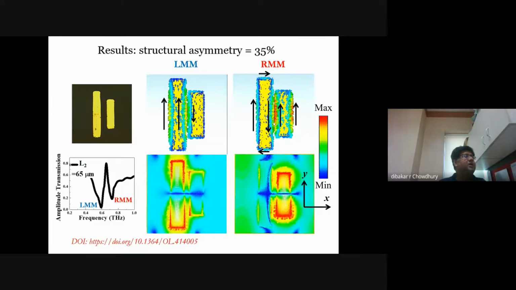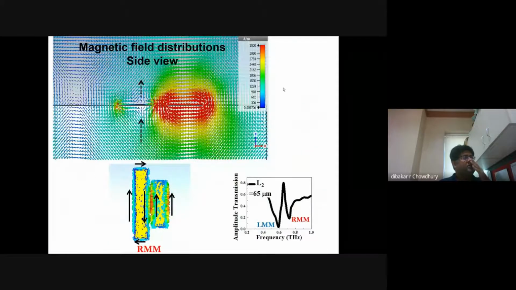Moving ahead, we captured the side view of the magnetic field distribution. Here you can see this is the right resonator, this is the left resonator, and this is the magnetic field distribution. You see that the magnetic field lines are as if coming out and as if entering.